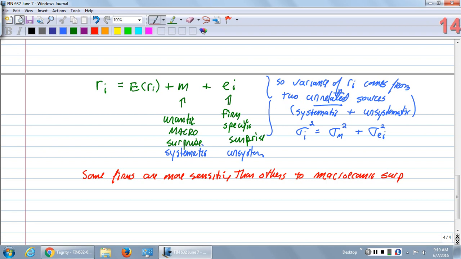I agree with that. There are some firms that are a lot more sensitive when interest rates change, or unemployment, or inflation. Okay? So we're going to add another variable.